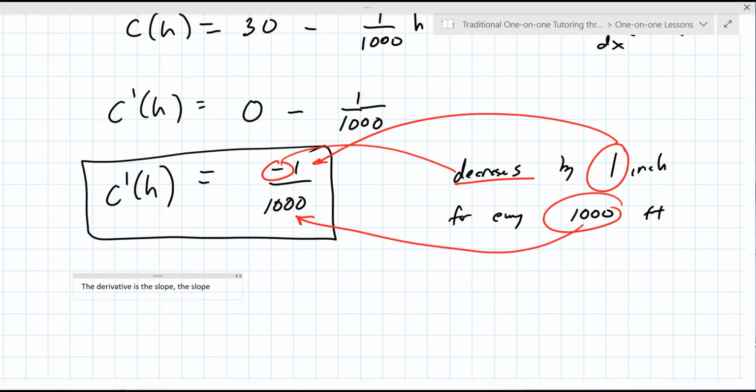The slope is minus 1 over 1000, or a decrease of 1 inch of mercury for every 1000 feet of height increase, something like that.